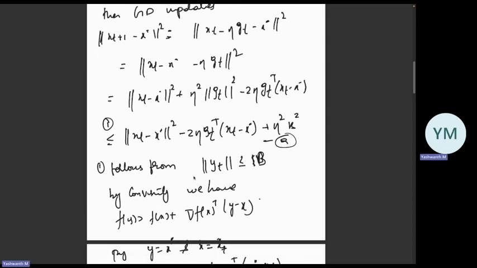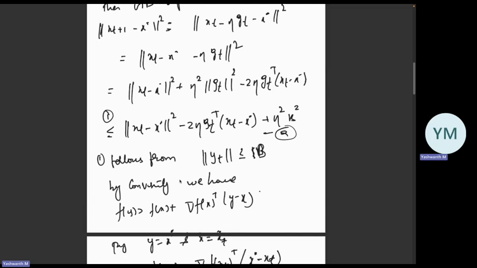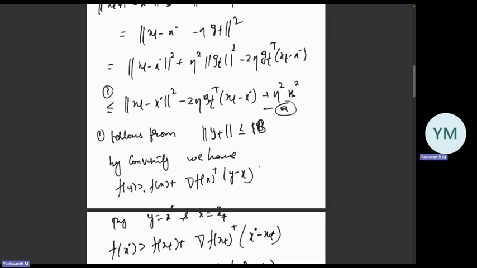Remember, we are analyzing only convex functions. So we use the first order condition for convexity. For any x and y in R^d, we have this inequality for convex functions: f of y is greater than or equal to f of x plus the gradient of f at x transpose times y minus x.